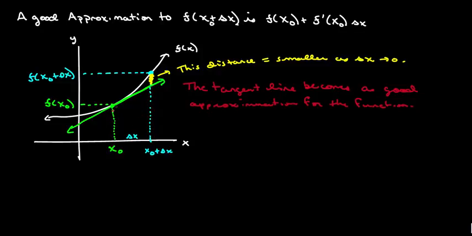So as delta x is super small, this line right here becomes a good approximation to this line right here. That's what this is saying up here, but it's not as obvious maybe as you think.